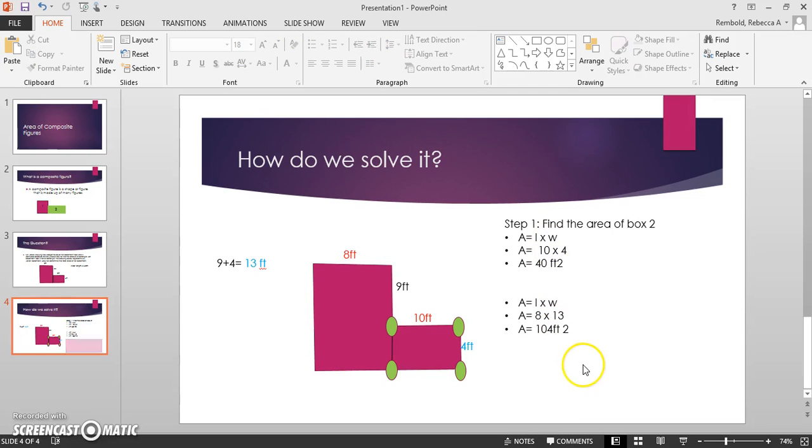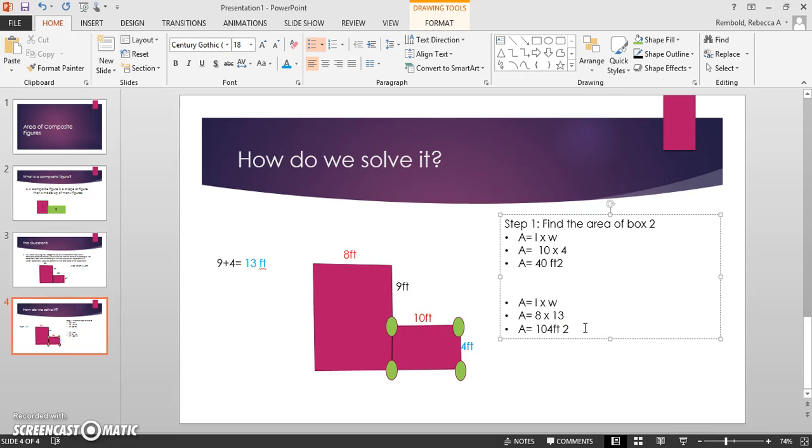Now, this is all nice and good, but this only tells us the area of box 1 and box 2. The question asked for the total area of Miss Jones' basement. So we're going to figure that out by adding both of the areas together.